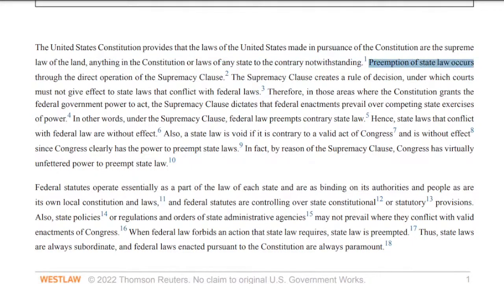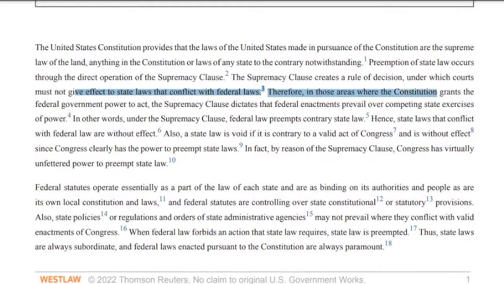Preemption of state laws occurs through the direct operation of the Supremacy Clause. The Supremacy Clause creates a rule of decision under which the courts must not give effect to state laws that conflict with federal laws. That's a rule of decision. You want to move for the court to see that rule of decision. Move on that rule, okay?